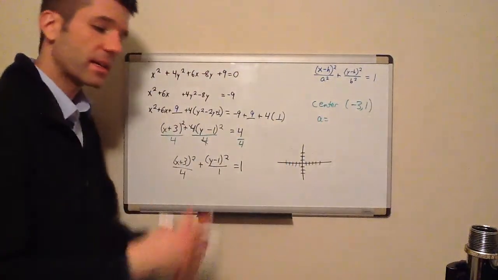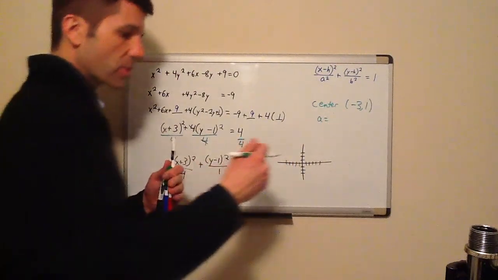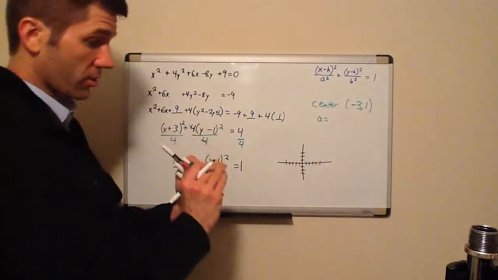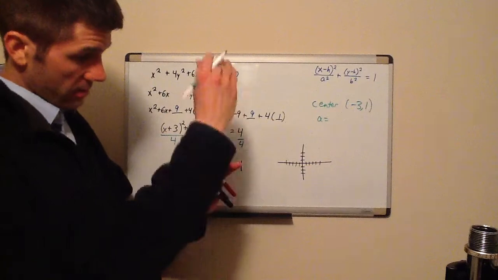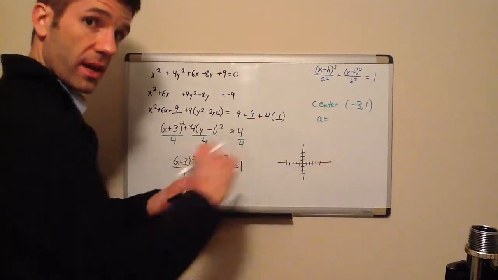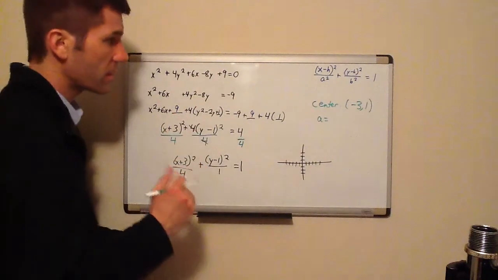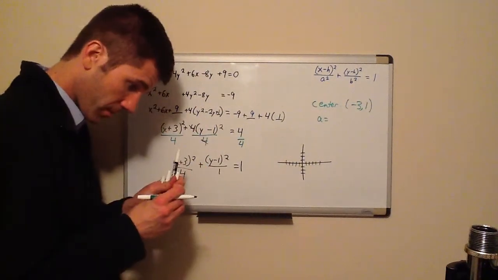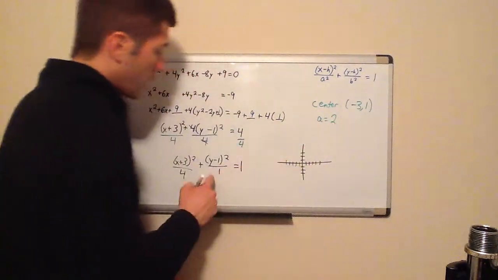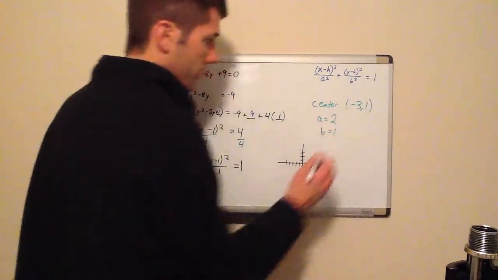A is the distance from the center to the vertices, if it's horizontal this way, or center to the vertices if it has a major axis that's vertical. Again, this one is wider than it is tall, so this is going to be the distance from the center to the edge, and it's the square root of that, so it better be 2. And B is the square root of that, so it's 1.